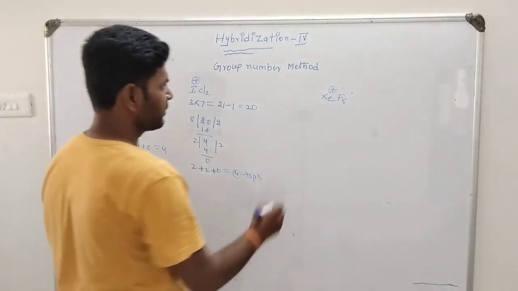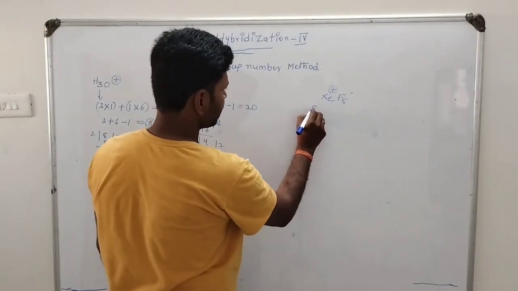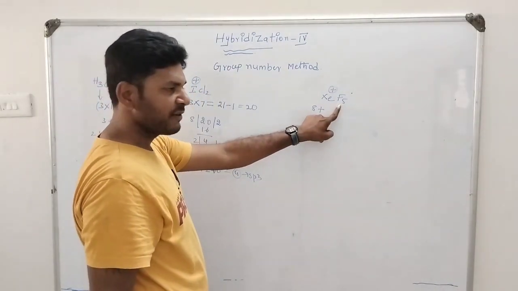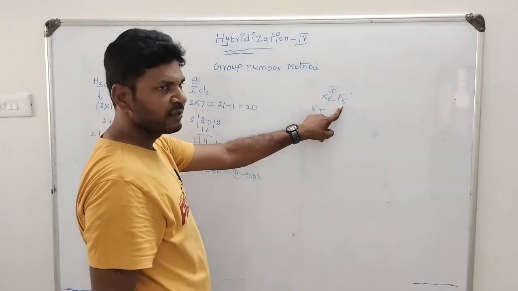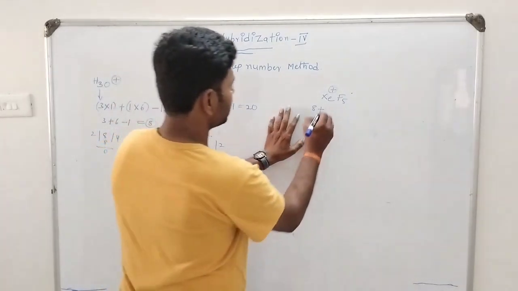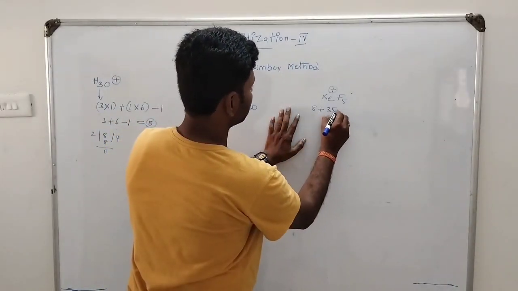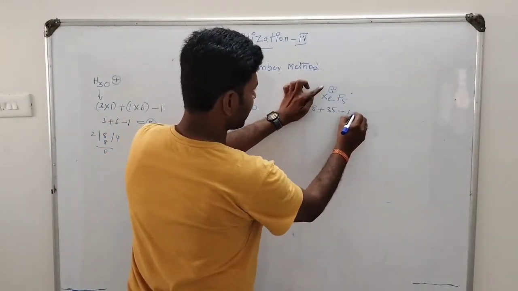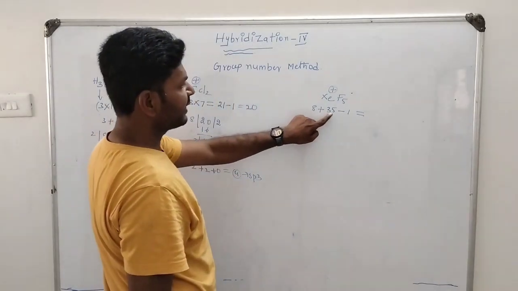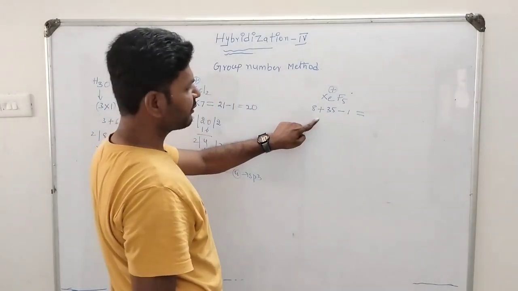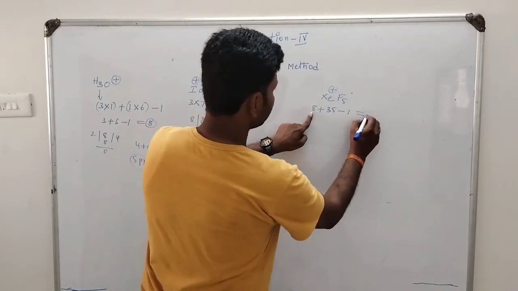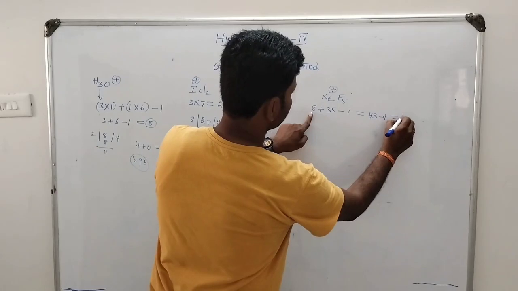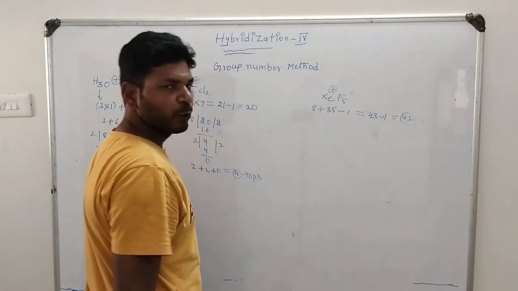XeF5+: xenon group number 8 plus fluorine group number 7. Total number of fluorine atoms is 5. So total 7 into 5, 35. Plus 1 indicates loss of 1 electron. So total here 35 plus 8, 43, minus 1, 42.